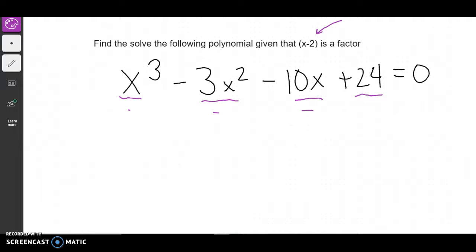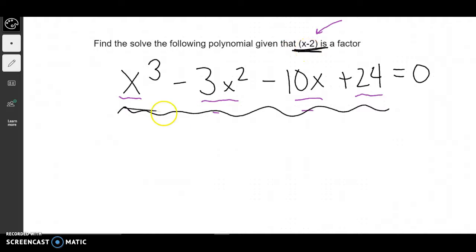If they give you that x minus 2 is a factor, what a factor means is it can divide this entire equation. So what we're going to do is take this and divide this entire equation.